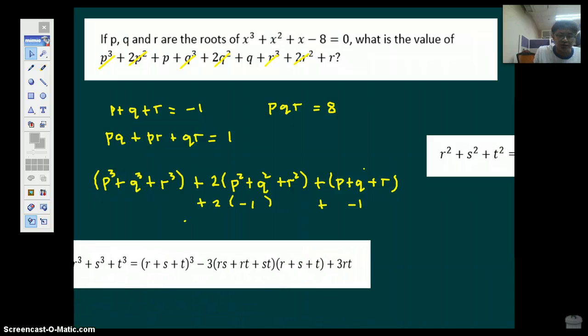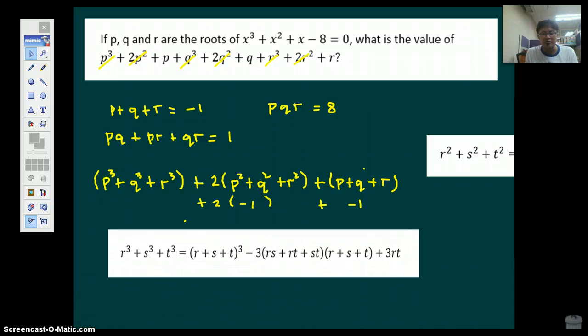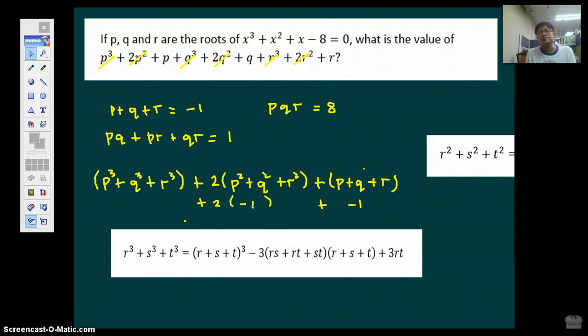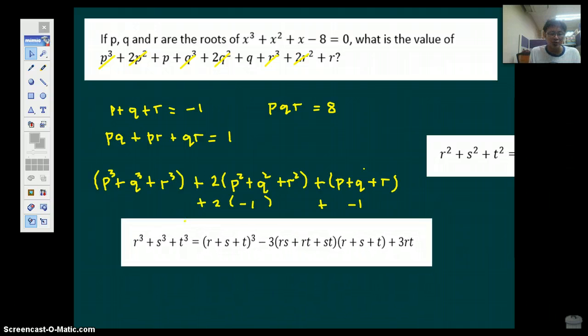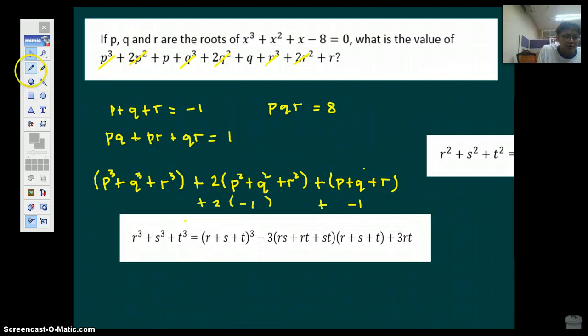The derivation for this is simply the same expansion and some factoring. So here we have p cubed plus q cubed plus r cubed.